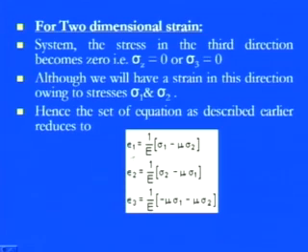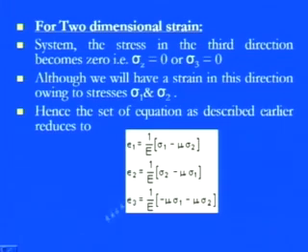So, we have epsilon 1 equals 1 by E times sigma 1 minus mu times sigma 2. Similarly, in the other direction, the principal strain epsilon 2 equals 1 by E times sigma 2 minus mu times sigma 1. But the third one: there is strain in the third direction also, which we need to compute because of the induced effect of the two loadings sigma 1 and sigma 2.